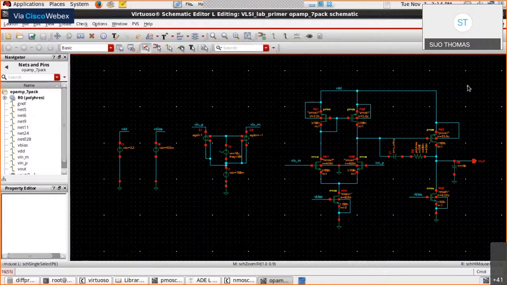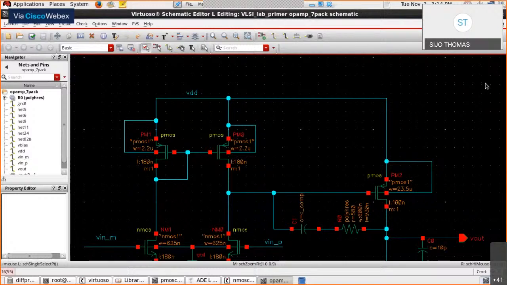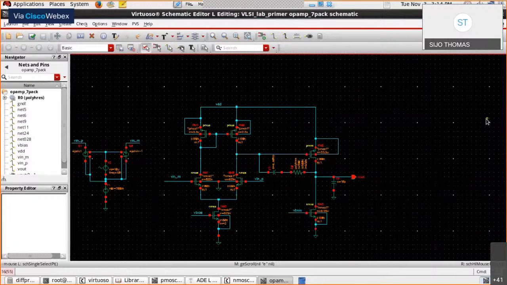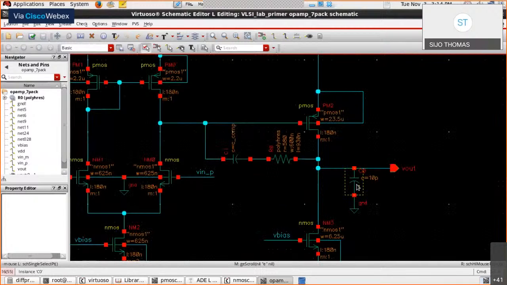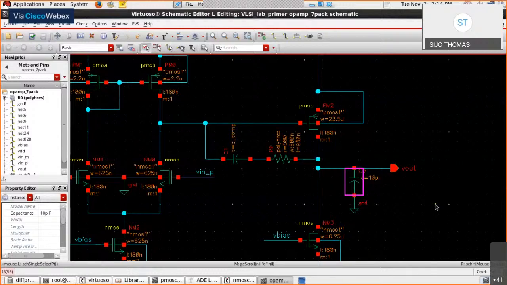Yeah. So if you look at the schematic, this is the two-stage op-amp design along with Miller compensation. Okay, and I have a pole cancellation resistance also attached. So the compensation capacitance, I'm naming it as CC, and I have a load capacitance of 10 pico. So by the rule of thumb, in order to get a phase margin of 65 degrees for a two-stage op-amp, we can find that the compensation capacitance value is almost 0.22 times the CL value.